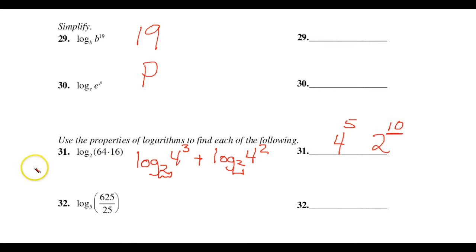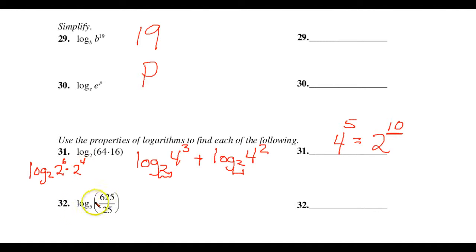So this was going to be log, I should probably look at the answers before I do these. This is going to be 2 to the 6th power, and this is going to be times 2 to the 4th power, right? 2 to the 6th is 64, 2 to the 4th is 16, and they're looking for a 10 out of there.